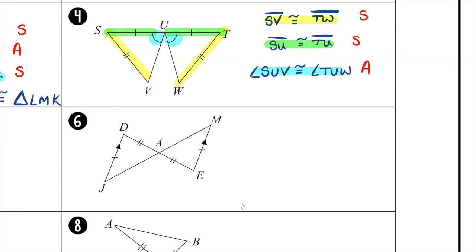It is not. Is it where the blue or the yellow and the green meet? No. So this is that ASS angle. This is an angle that does not prove congruence. This is the donkey. So this is not necessarily congruent. They could be, but we do not have enough information to prove congruence. So not congruent.